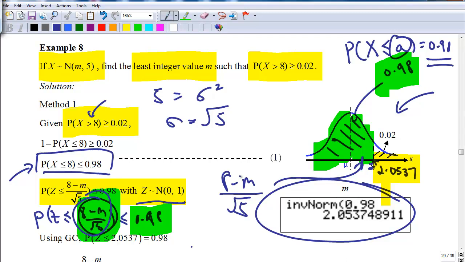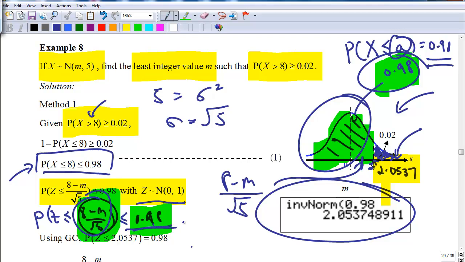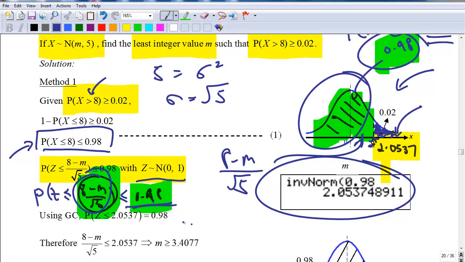Because if that number is here, then the total probability will be this part that I'm shading in blue, plus the part in green. But the part in green is already 0.98. So the combined area will definitely be bigger than 0.98, which is something that I don't want. I only want less than or equals to 0.98. So that tells me that 2.0537 must be a number that is bigger than 8 minus m over root 5.